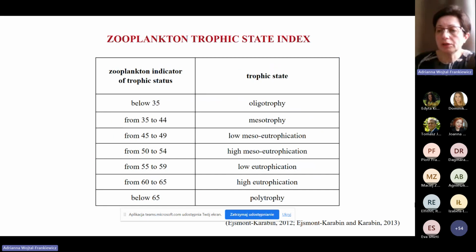The trophic state indicator values for zooplankton are as follows, and you can also see that a value below 35 is oligotrophy, and the higher value of points are connected with the higher trophic state of a given lake.